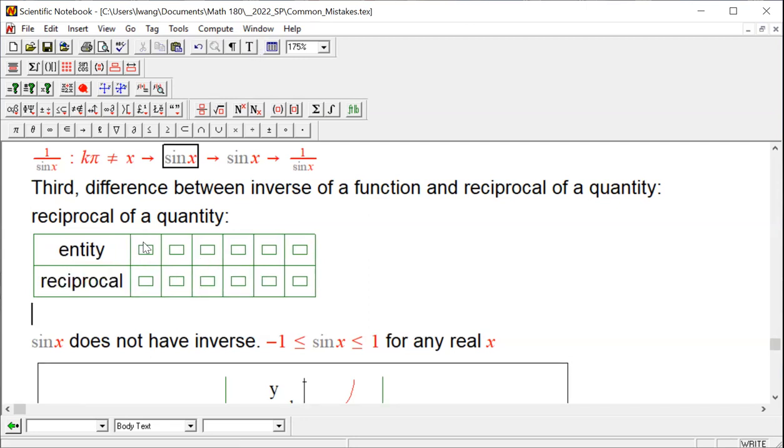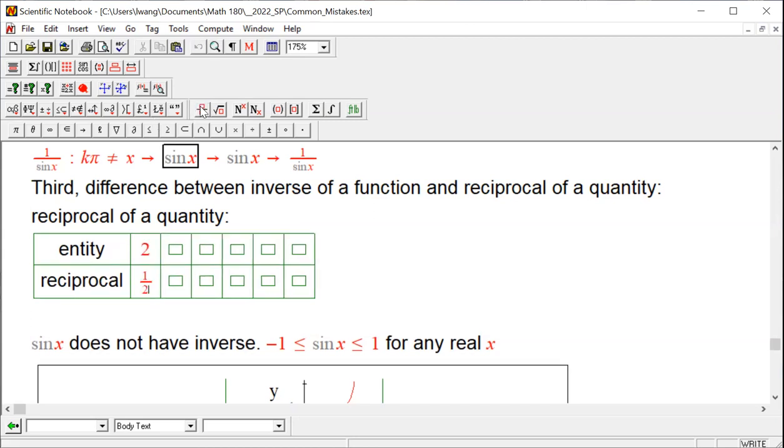If you have 2, the reciprocal of 2 is 1 over 2. If you have 5, the reciprocal of 5 is 1 over 5. If you have x, the reciprocal of it is 1 over x, provided that x cannot be 0.